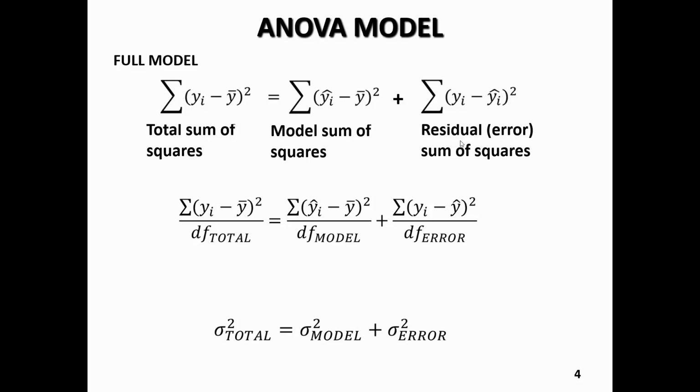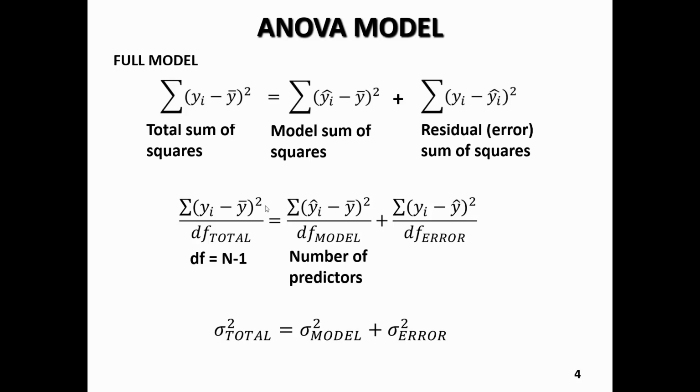But oftentimes, the residual error is so large that it sort of overwhelms, if you will, the total sum of squares and the model sum of squares. And so the total will actually be more balanced towards the residual if the model is not very predictive.